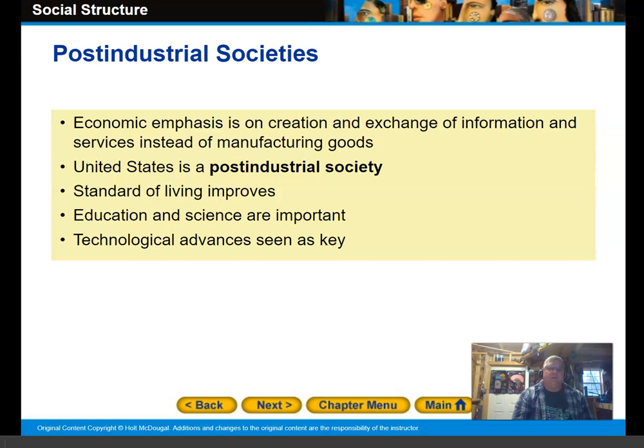Now we tend to manufacture ideas and transport information and data. Standard of living has improved in the post-industrial society. Education and the sciences are important. And finally, technological advances are seen as key.